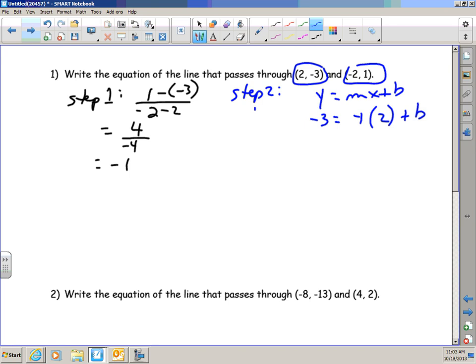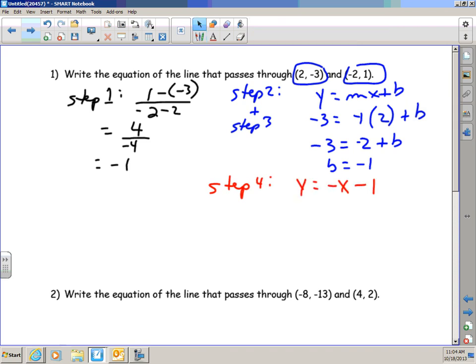Step 2 and step 3 is now I'm just going to solve. That's a negative 2. So b equals negative 1. And step 4, I complete my equation. Negative 1 is both the slope and negative 1 is the y-intercept.